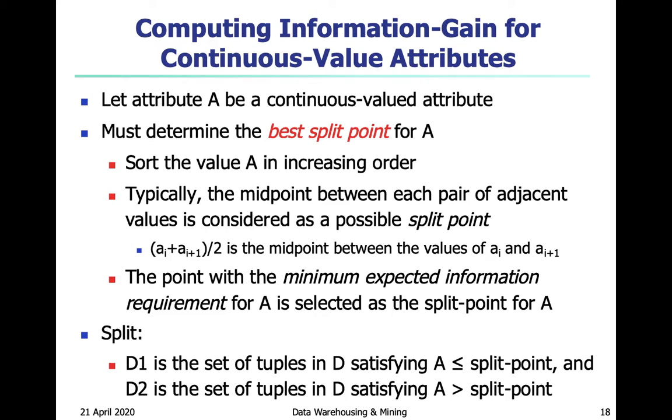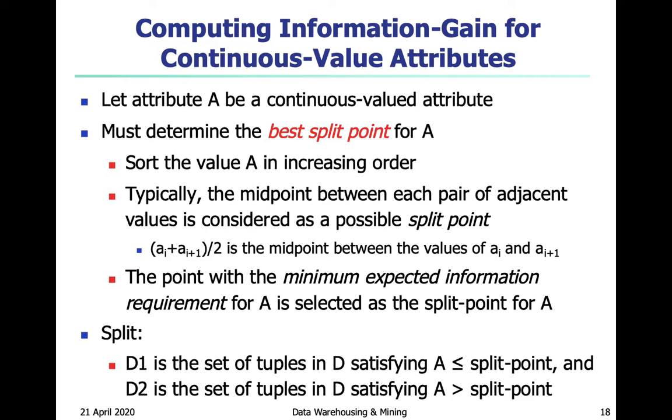For such a scenario, we must determine the best split point for A, right, where the split point is a threshold on A. If you consider the age, suppose we consider 30. So the ones less than 30 we consider, and the ones more than 30 we consider, like that.